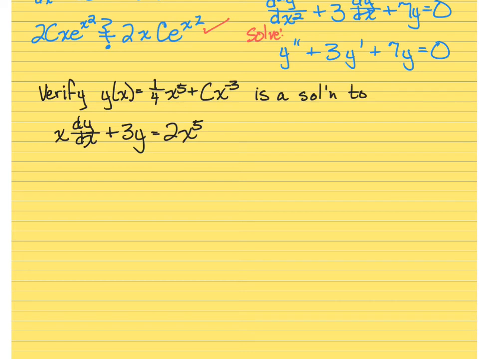So of course I need the derivative, right, in order to do that. So I need to know what dy/dx is, and just taking our derivative the normal way, the derivative is 5/4 x to the 4th minus 3c x to the minus 4th, right? And that's our first derivative. And so let's plug that in.